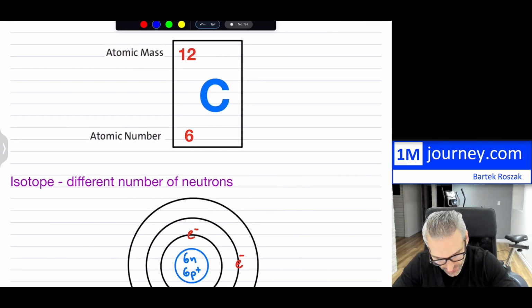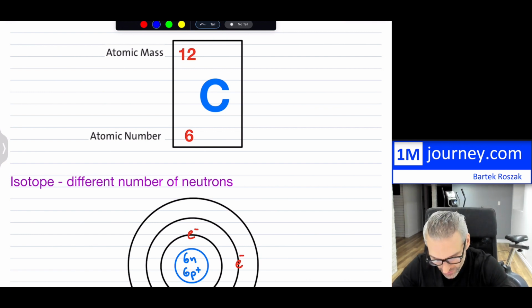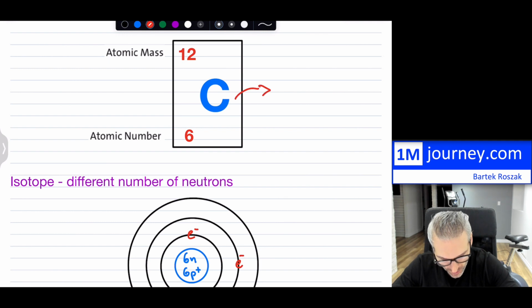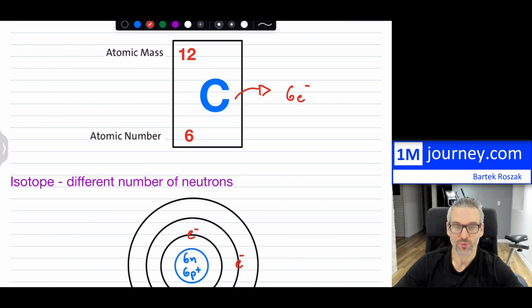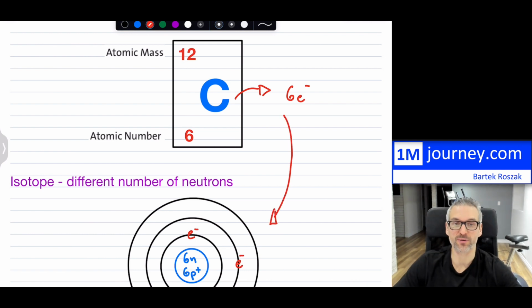If you take carbon, and I'm going to assume that this is an actual neutral atom, so it's not an ion, it doesn't have more or less. Let's assume that it has the same. So if I know that it has 6 protons, it's going to have 6 electrons in here. Now, where are those 6 electrons? Well, they're orbiting around here, all the way around the nucleus, going all over the place.